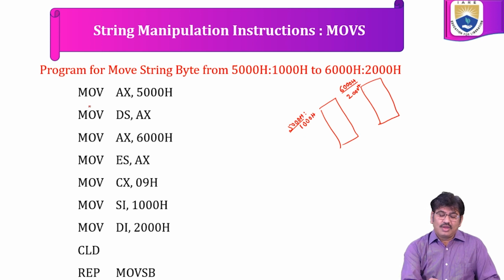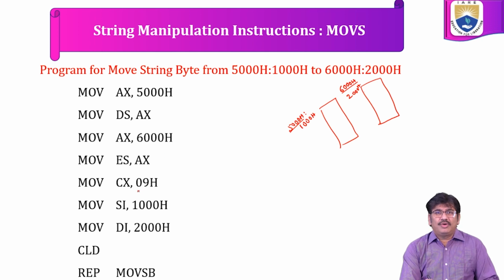So for that, MOV AX, 5000H, and these AX contents will be loaded into the DS register. These two instructions are pointing to the data segment register DS. Next, MOV AX, 6000H, MOV ES, AX. These two instructions are for loading the extra segment with the address 6000H.